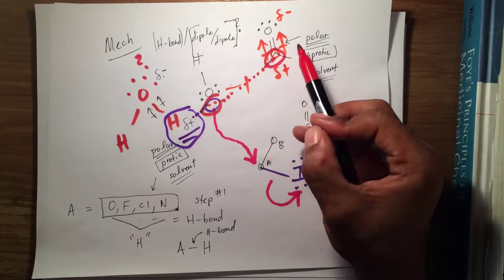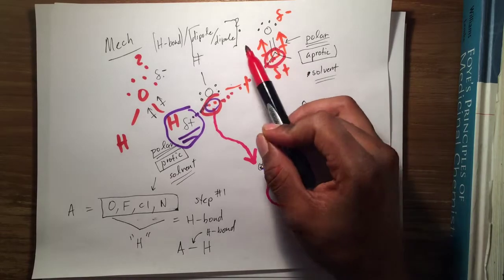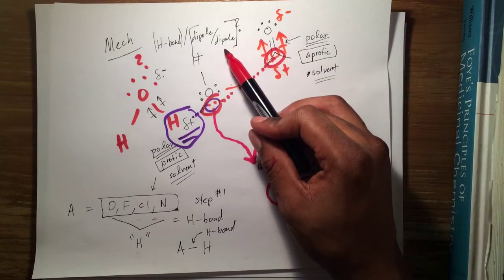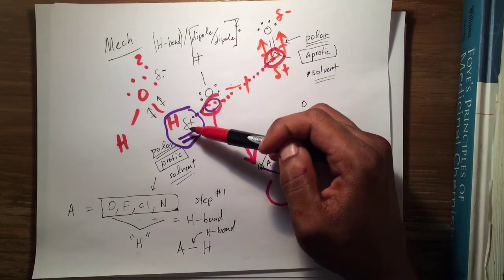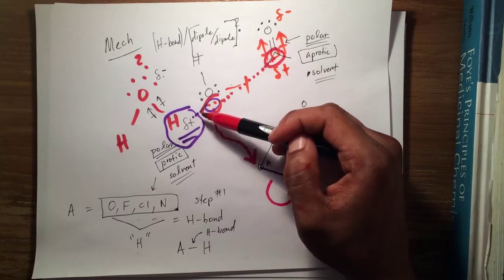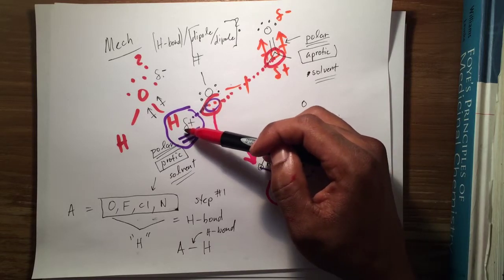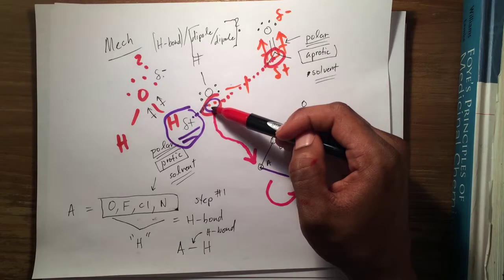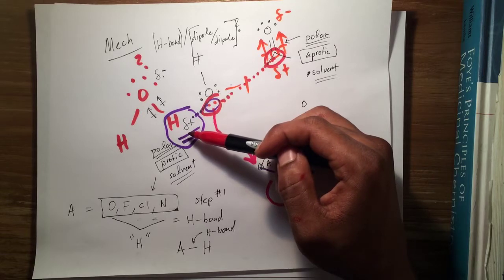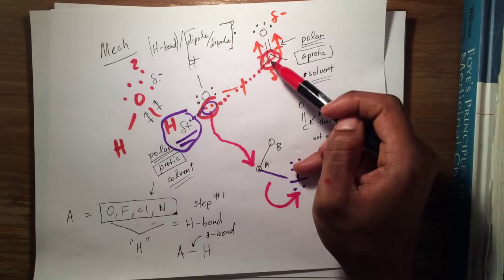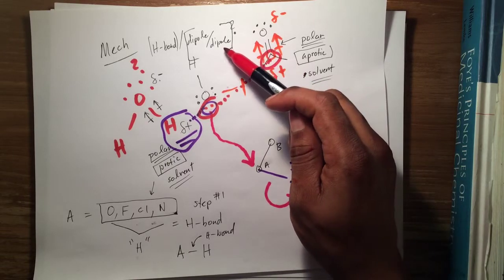So we pick the ketone because its dipole-dipole intermolecular force is weaker than the H bond force, because the H bond force is stronger. If I put it in water, it's going to slow the nucleophile down even more, and make my reaction even more difficult to happen. But in contrast, if I put it in the ketone, it's going to hold it up less because it's a weaker force.